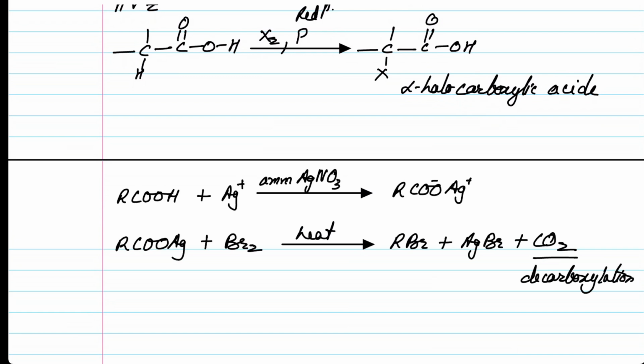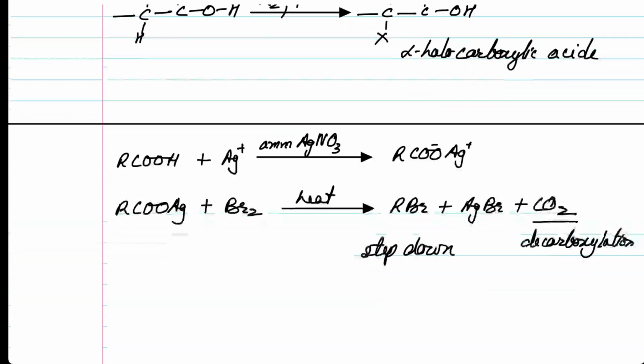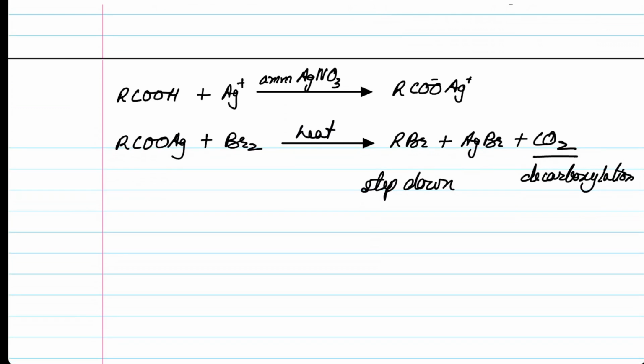Also, the alkyl halide which is formed has one carbon less compared to the carboxylic acid. So this is also a step down reaction, a degradation reaction. This is what we call the Borodin-Hunsdiecker reaction. Here we are going to get RBr.